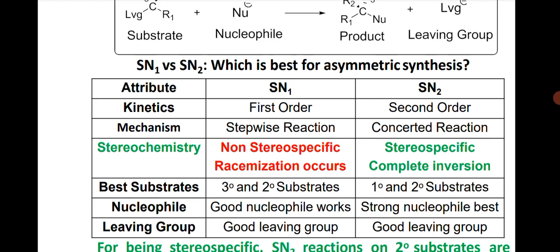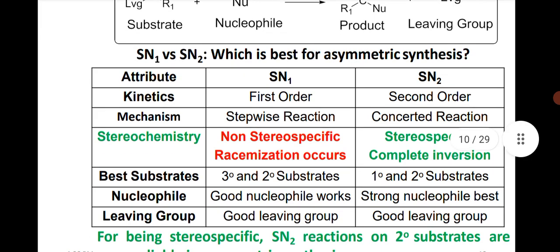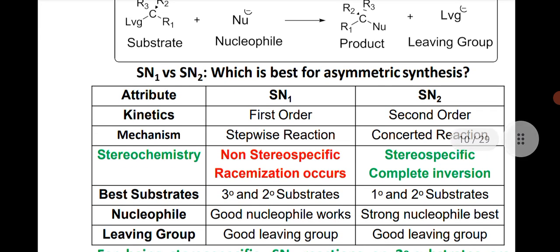There is no formation of a mixture, as in the case of SN1, where a racemic mixture forms. SN2 gives us only one product, while SN1 gives a mixture of products.